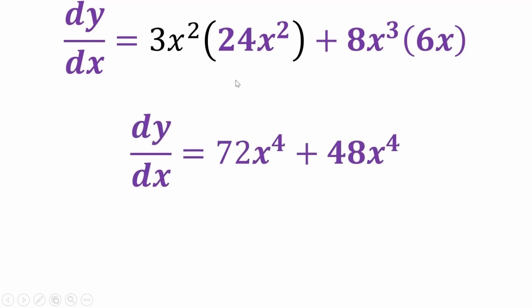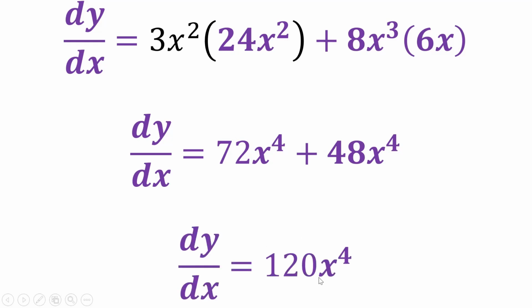By doing so, we will get 72x to the power 4 plus 48x to the power 4. x and x here are of the same degree, so we can simplify by adding the coefficients, and by doing that we have 120x to the power 4. So this is the derivative.